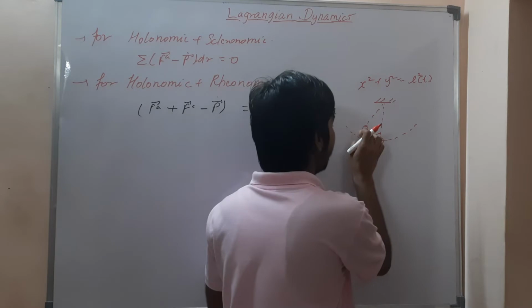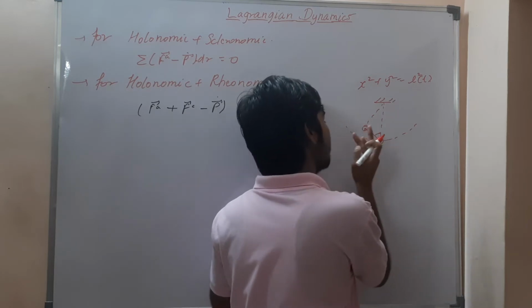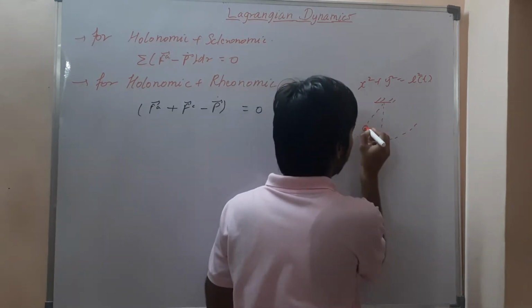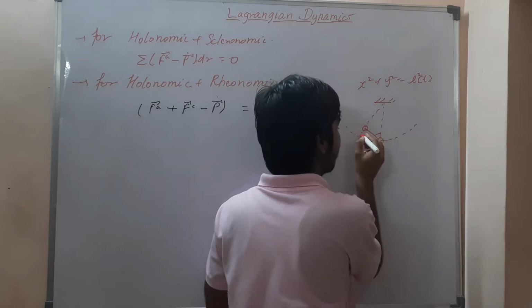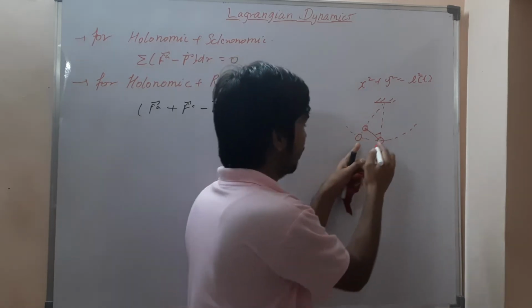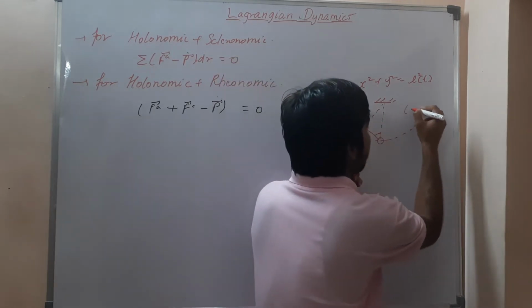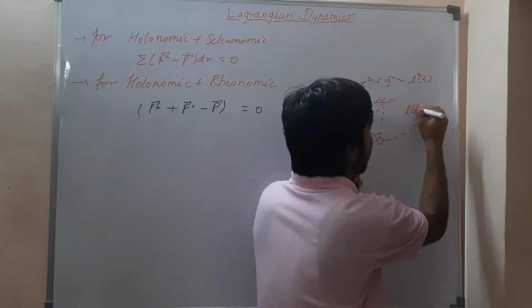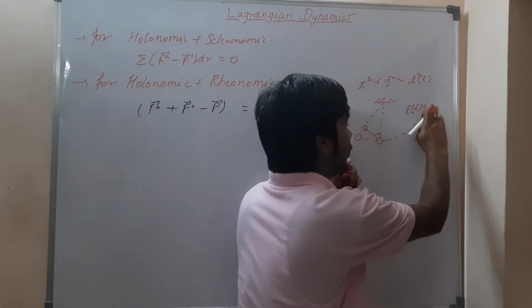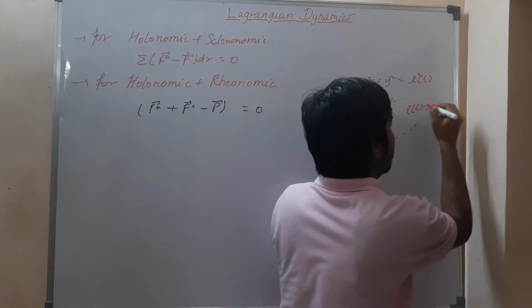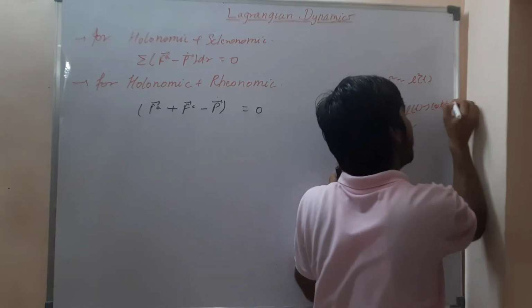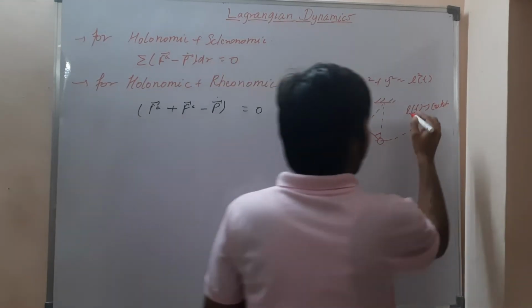So how can I make a 90 degree angle? For that, if I make that length constant, not dependent on time, then it is possible. So how can L be depending on time?